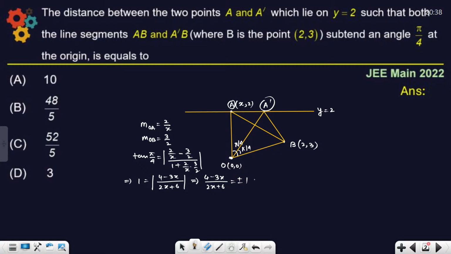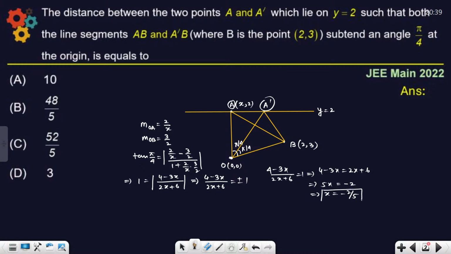So from here, if we take the plus sign, we get 4 minus 3x equals 2x plus 6. So 5x equals minus 2, and we get x as minus 2 over 5.